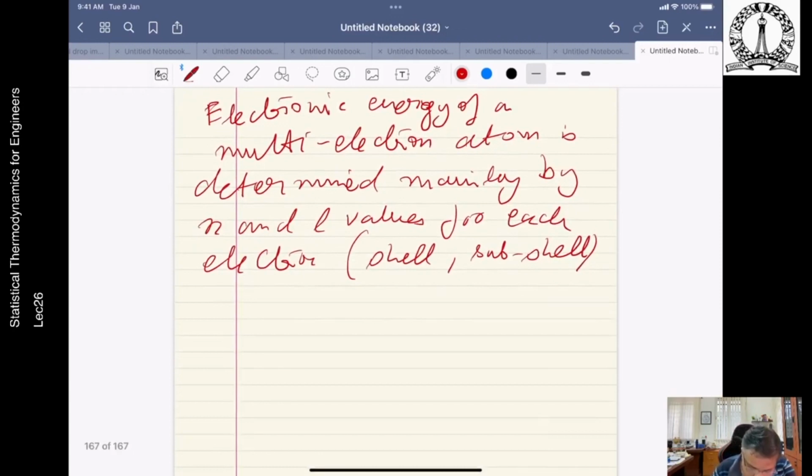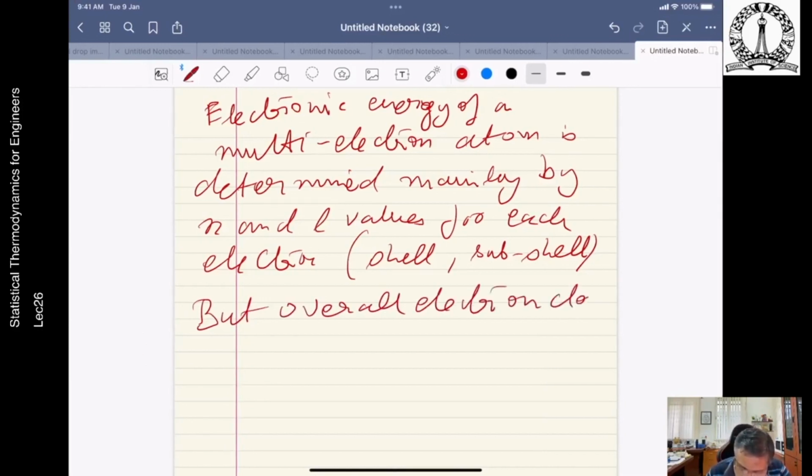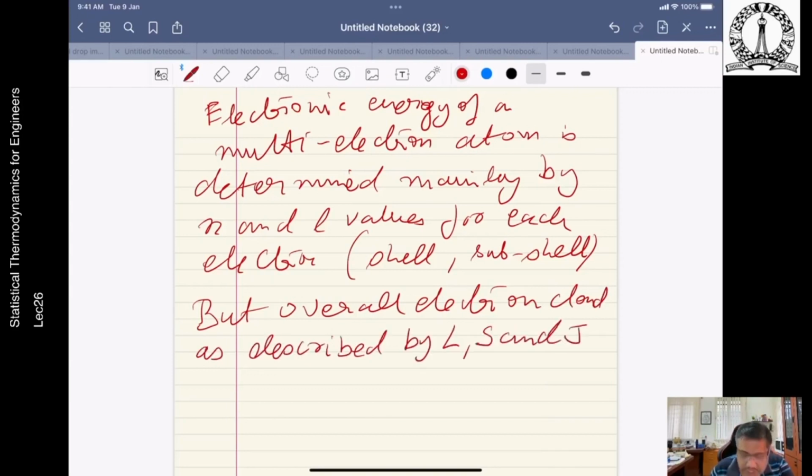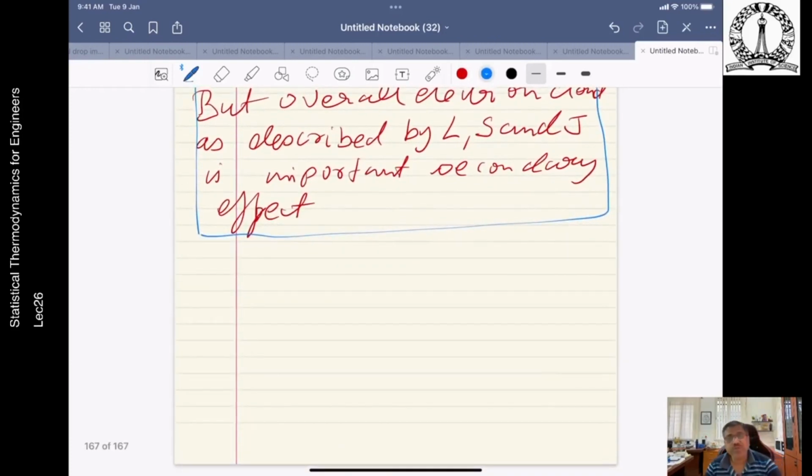But overall, if we consider the electron cloud as described by L, S, and J, this is an important secondary effect when the electron cloud is considered.